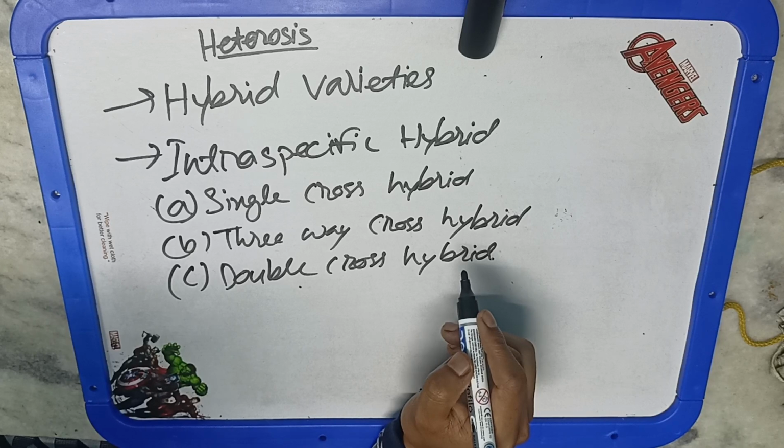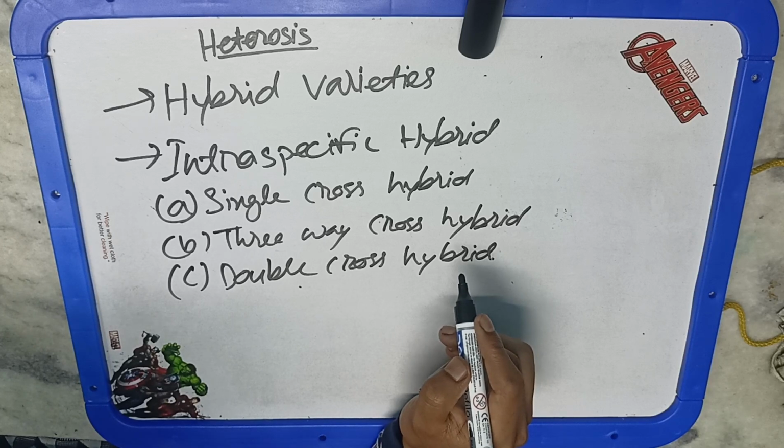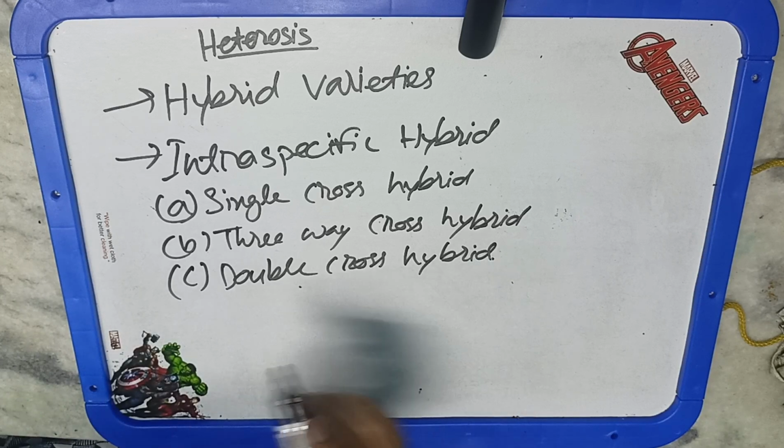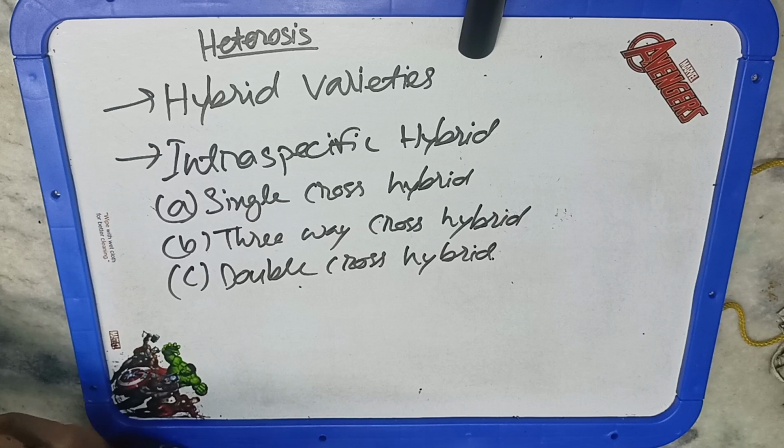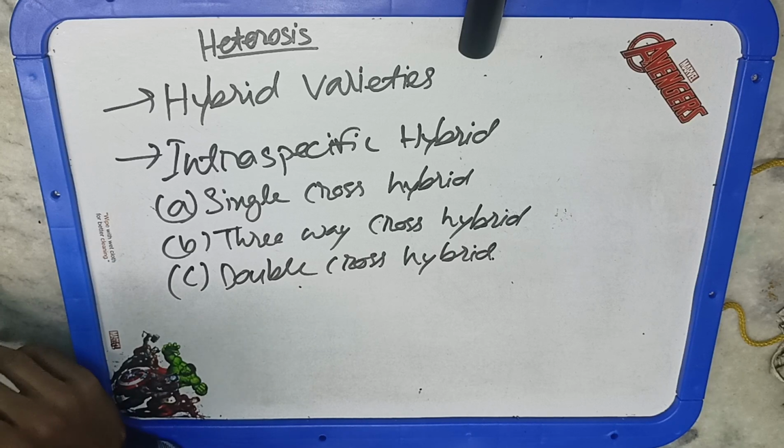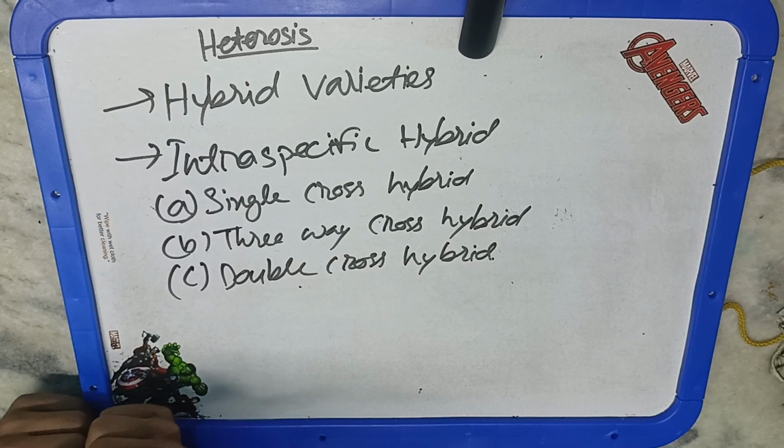One is the single cross hybrid, that is, we are crossing two lines or two genotypes. Then there is the three-way cross, in which we cross two lines and make an F1. Then after making it an inbred line, we cross it with C, another line. The F1 we get will be the product of a three-way hybrid cross. Then there is the double cross hybrid.